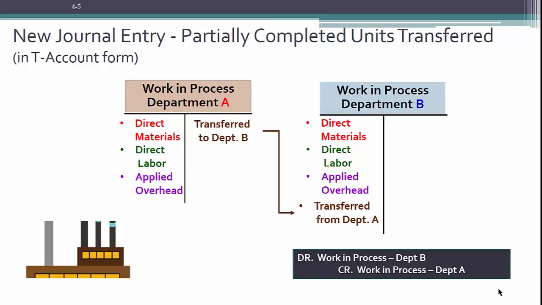The cost of direct materials, direct labor, and manufacturing overhead assigned to partially completed units transferred from Department A is debited to Department B and credited to Department A. The transferred in costs from Department A are then added to the manufacturing costs incurred in Department B.